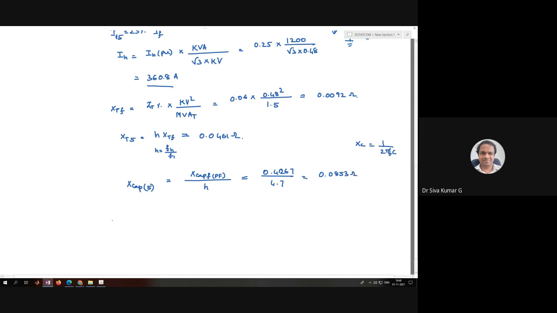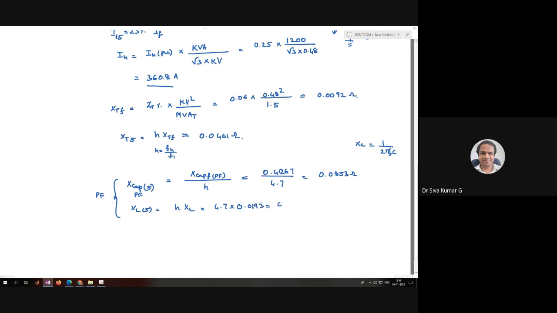Okay. The XL reactance of the fifth, it is about all the passive filter component, passive filter reactances, is equal to H times the XL value, which is 4.7 times the XL value, 0.0193.